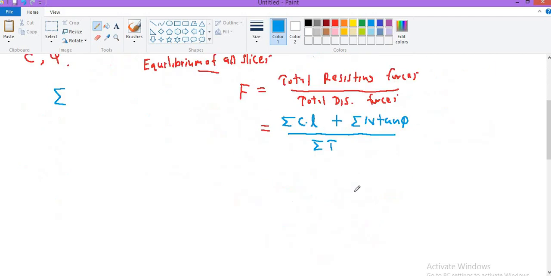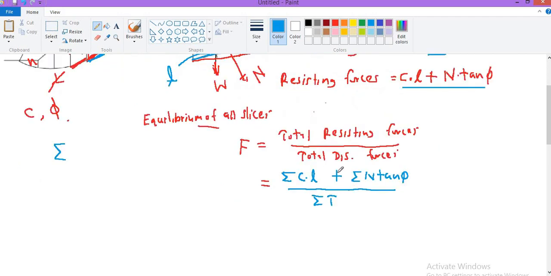Now the thing is, we know that this C value and phi value are common to all these slices, right? They are common parameters. So if they are common parameters, we can take these parameters outside of the sigma sign.